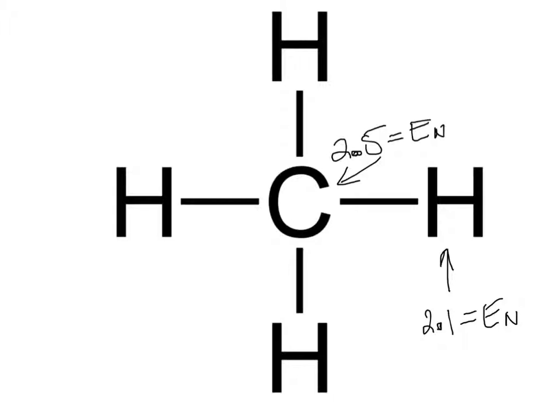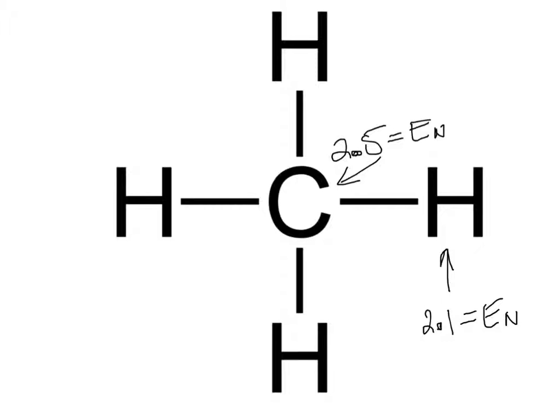Okay, so let's look at our friend methane here. Methane is a pure hydrocarbon, and I already know by definition that all pure hydrocarbons are going to be nonpolar. But just so we can do the math with the electronegativity to show you that, I've written in the electronegativity values for carbon and hydrogen, and since we're only looking at the electronegativity value of a bond, we don't have to worry about the rest of the molecule.